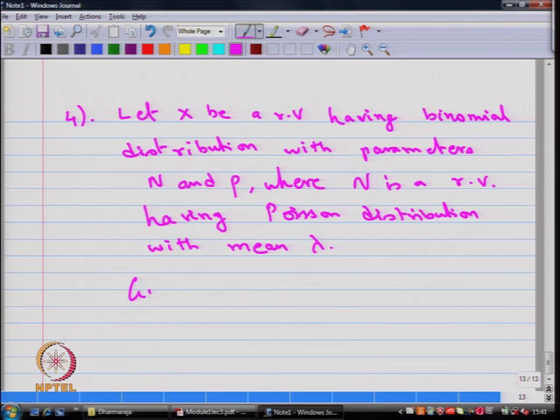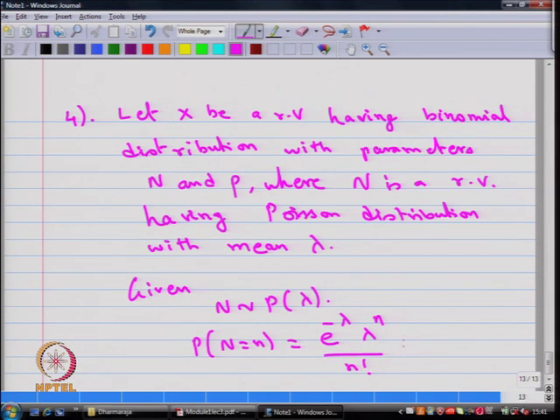Given N is Poisson distribution with the parameter lambda, that means the probability mass function for the random variable N is e power minus lambda, lambda power n divided by n factorial. The possible values of n are 0, 1, 2 and so on.